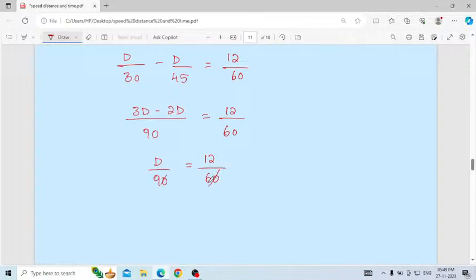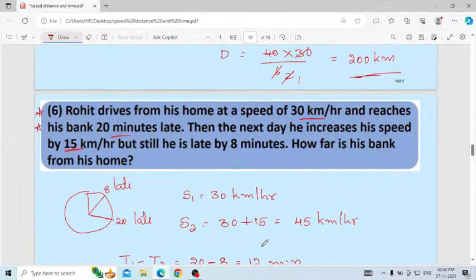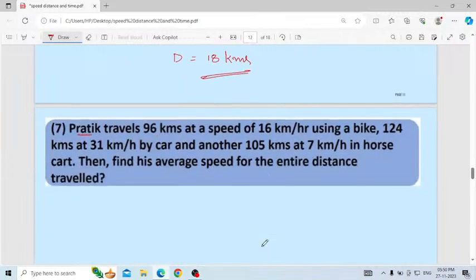The zeros get cancelled. Then 6 3s are 18. Distance will be 18 kilometer. Very easy problem. If you know the trick, easily you can solve.